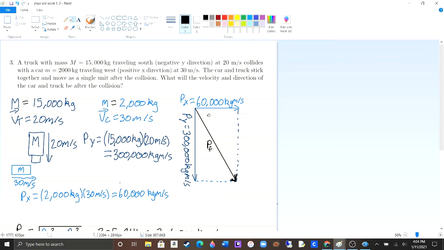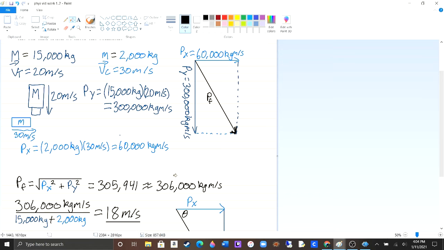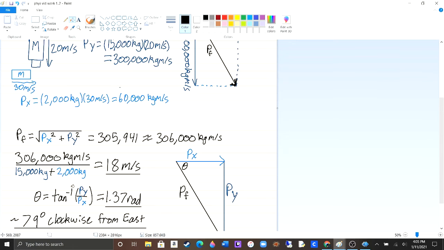We solve for this just like we would any other vector, and we find the length of this with the Pythagorean theorem. So we get that it comes out to 305,941 kilograms times meters per second, which I rounded to 306,000 because I don't want to say it every time.